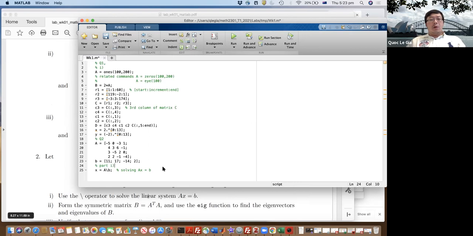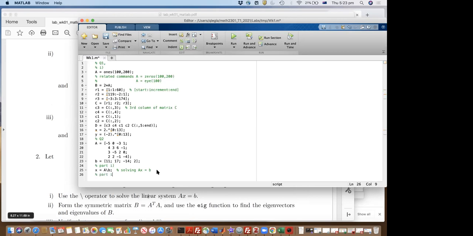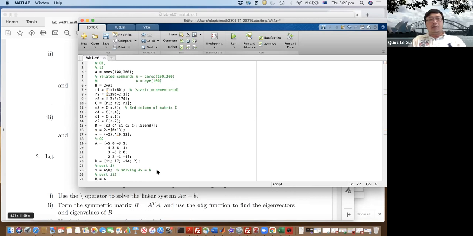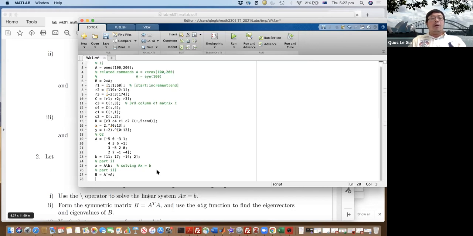And now form the symmetric matrix B. Okay, so B is A transpose A. There is a remark here. When you put a prime like this, it actually takes a transpose and a conjugate as well. But because we have a real matrix, we don't have to worry.